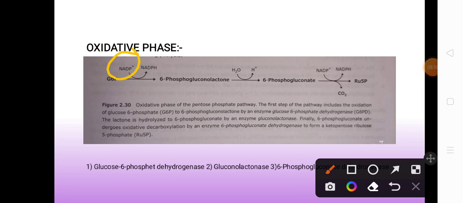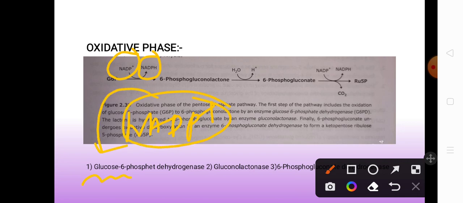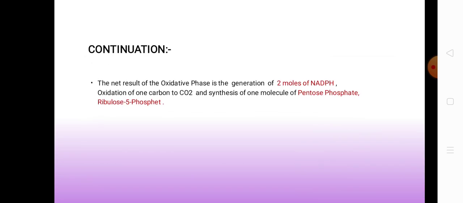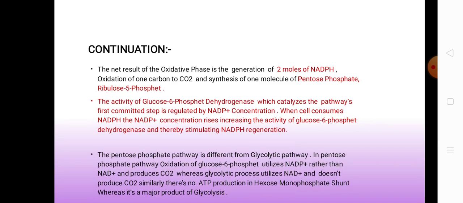Just consider a situation: if the cell consumes NADPH, then the concentration of NADP plus will rise. This increased concentration of NADP plus will increase the activity of glucose 6 phosphate dehydrogenase, facilitating the conversion of glucose 6 phosphate into 6 phosphogluconolactone. Those are the things we should remember from the oxidative phase of the pentose phosphate pathway.